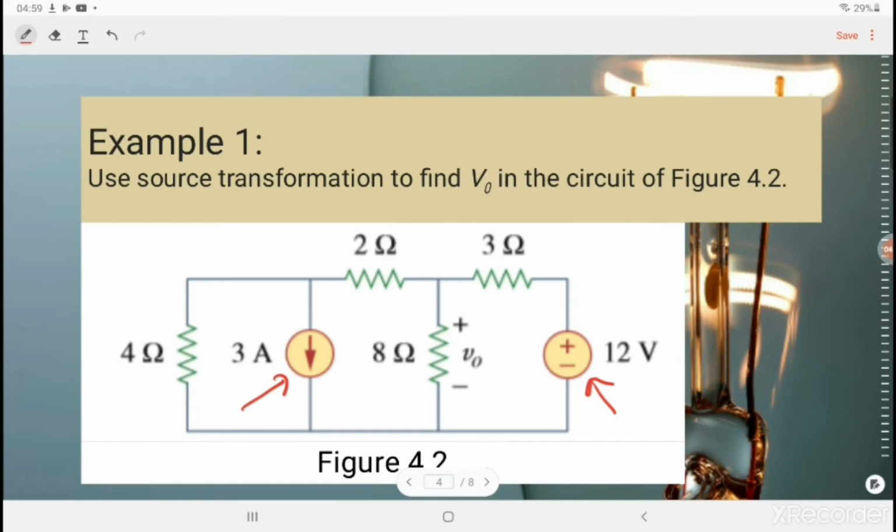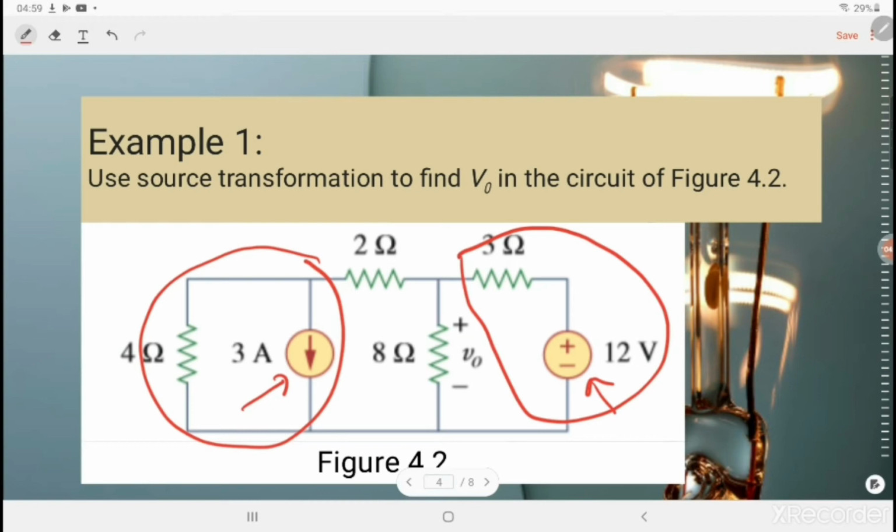In this circuit, we can see that the 3 ampere source is connected in parallel with the 4 ohms, and the voltage source is connected in series with 3 ohms. Therefore, we can convert both sources into another source.